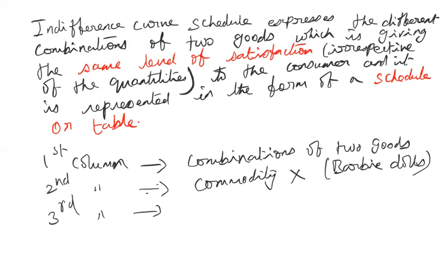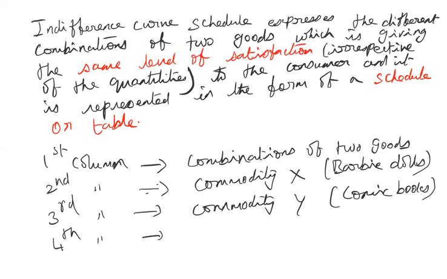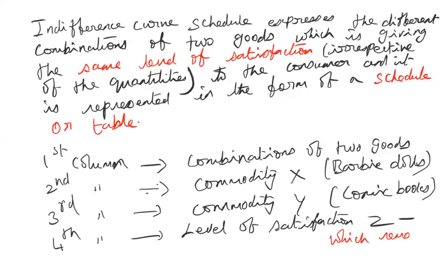Third column, commodity Y, that is comic books. Fourth column, level of satisfaction, which remains the same or constant.